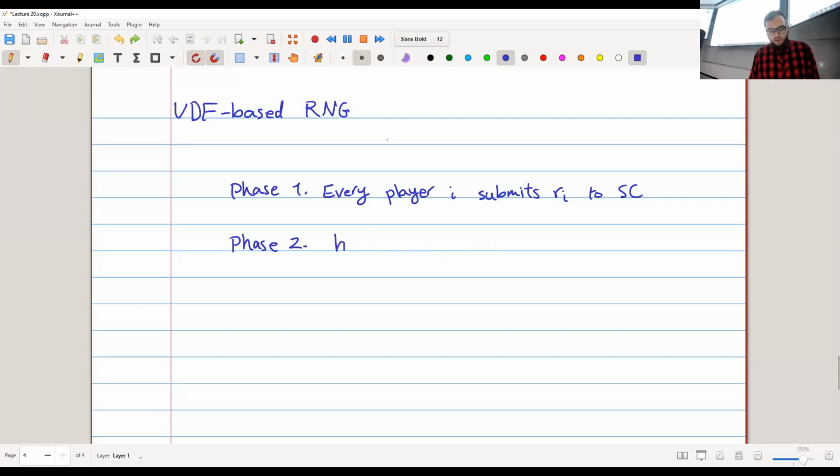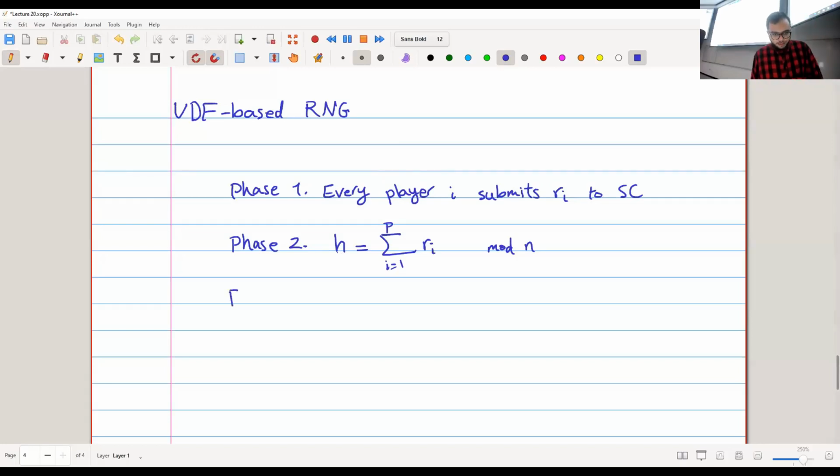I can say H is the sum of all the R_i's from 1 to whatever the number of players was. So I don't know, let's say we had P players. Okay. I don't care what this H is. It can be the hash of all of them. It can be the sum of all of them, modulo n, or whatever. What I really care is that I want to have a value H that depends on every single one of those R_i's.